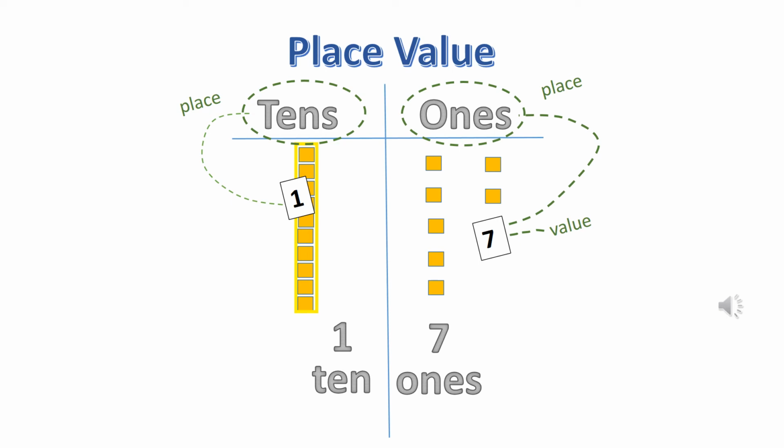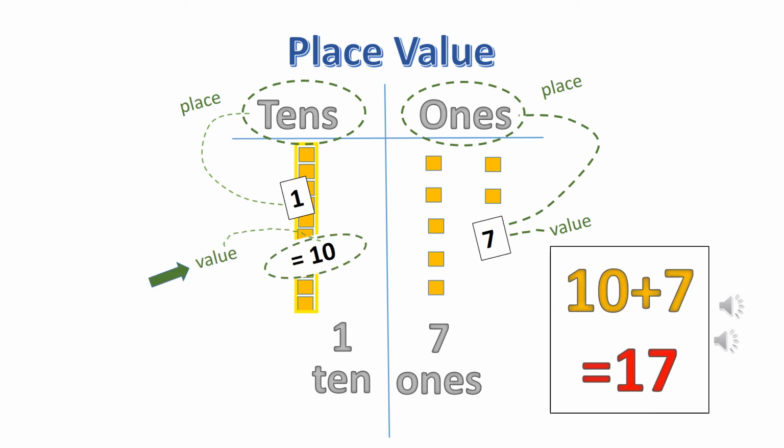Everything is the same in the ones place, but now look at the tens place. We put 1 ten stick in the tens place. So in the tens place, we have 1 stick that has a value of 10.